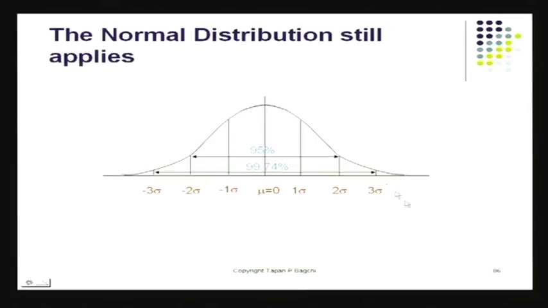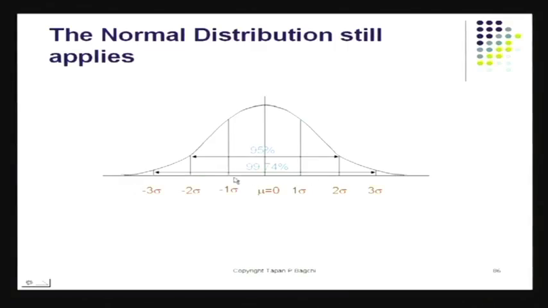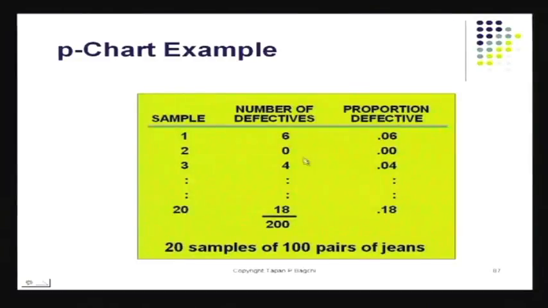So, in fact, we are still using the normal distribution to try to locate the extreme situations when the process is under statistical control, and that we do by plotting the chart in such a way that we have these upper and lower control limits at 3 sigma P, this time on the high side and also on the low side around the average. Here's an example.